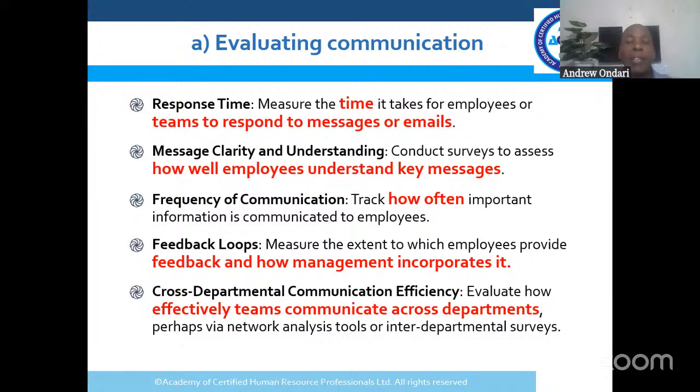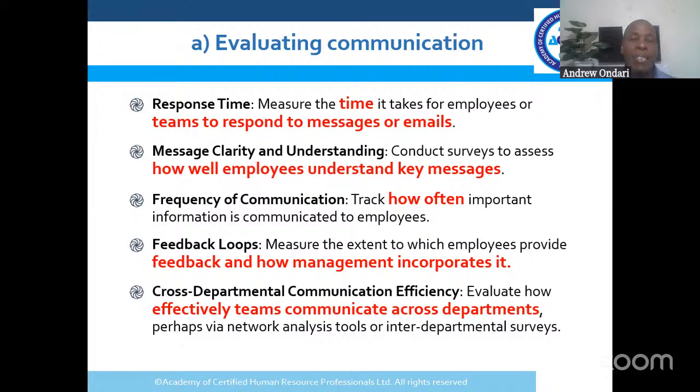We all know that if communication is not done in time, then the message may not become relevant. Because if a message reaches the destination or the respondents late, then that message may not be useful.